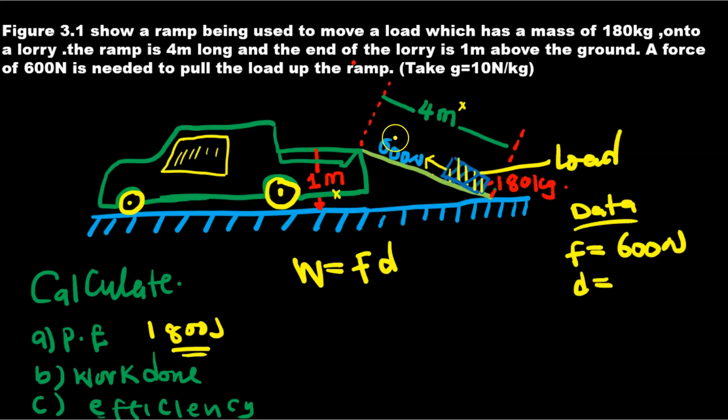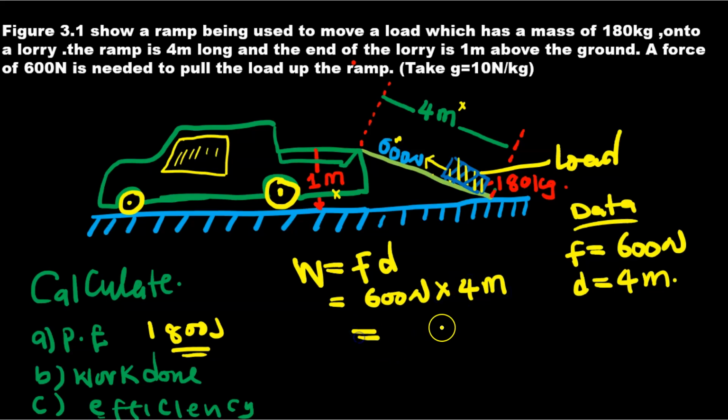Like I said, the distance should be in the same direction as the force. So the force is here, 600 Newton, and the distance produced is this 4 meter. So the distance is 4 meter, and take note, we use the distance in meter. Now, putting in the equation, we have the force of 600 Newton multiplied by the distance of 4 meter, and 600 multiplied by 4 gives us 2,400.